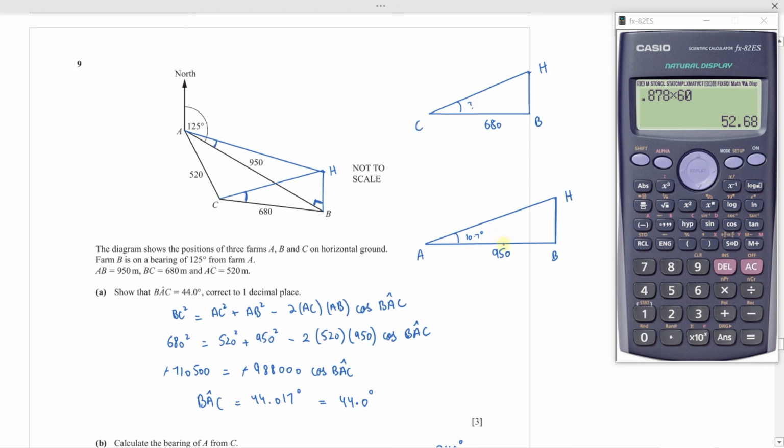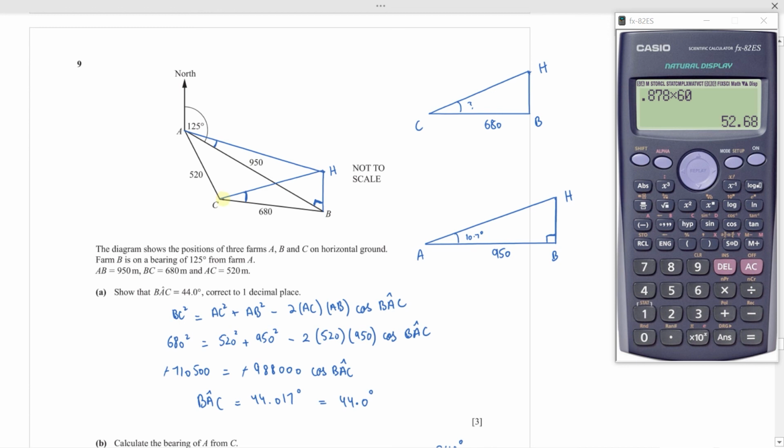So now using the given information that the angle of elevation of the helicopter from farm A is 10.7 degrees, I can actually find the height at which this helicopter is flying above this farm. I know this side of this triangle, this angle is 90 degrees, and then I can calculate this height. And this height will be the same height as this in the diagram because the helicopter is again above farm B, so it's flying over here.